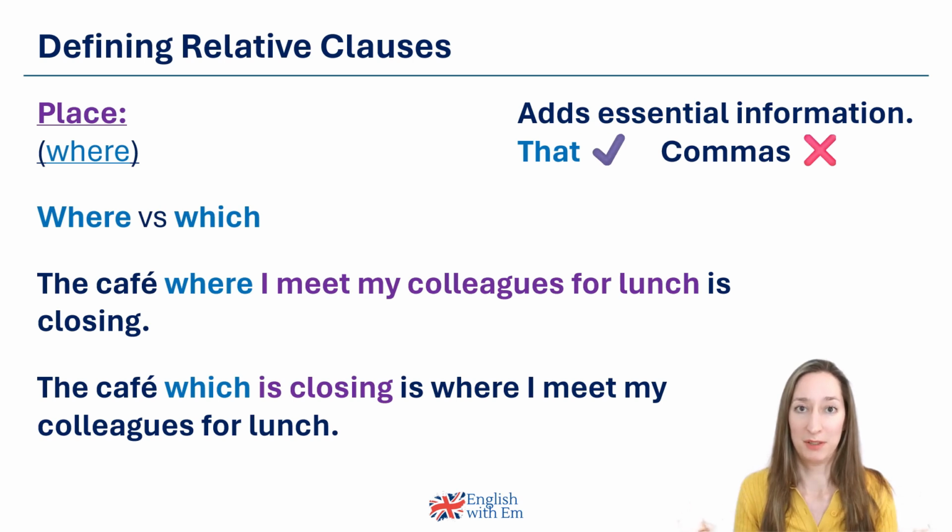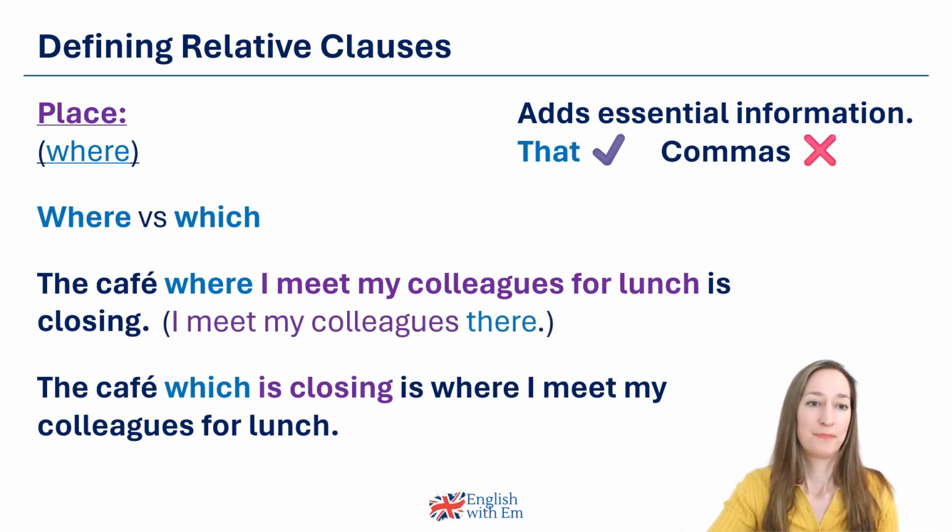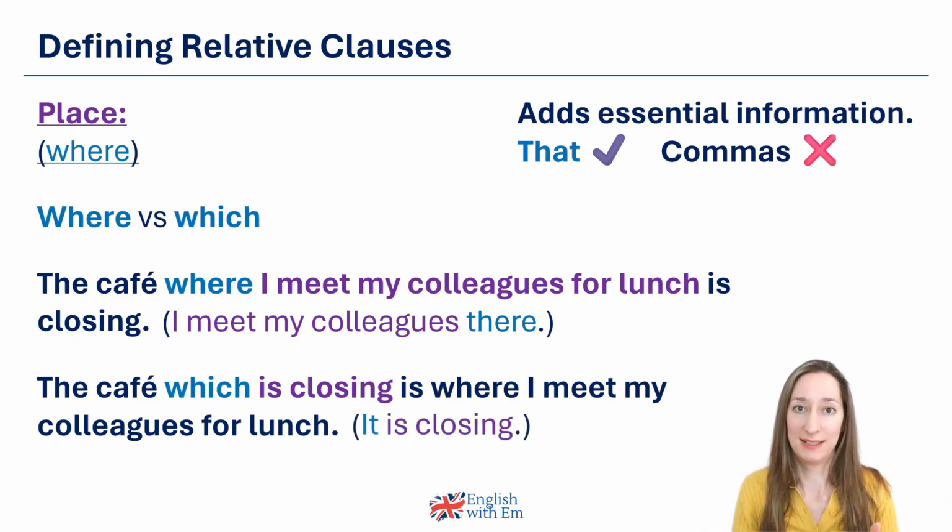Where do I meet my colleagues for lunch? I meet my colleagues there. So if you can answer with there, use where. The cafe which is closing. What's closing? It is closing. Okay, so you wouldn't say there is closing. So we use which.